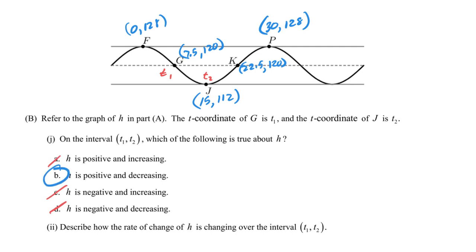And last but not least, part 2 of B says, describe how the rate of change, the slope, is changing over the interval. So what is the slope doing? If you can't really tell by the slope, you could look at the concavity. It is concave up, which means it has to have an increasing rate of change. So how are we going to write this? Because we have to be very specific in the FRQs.